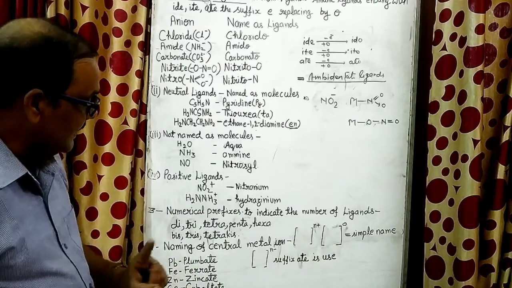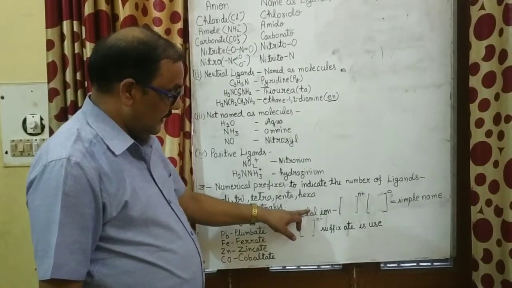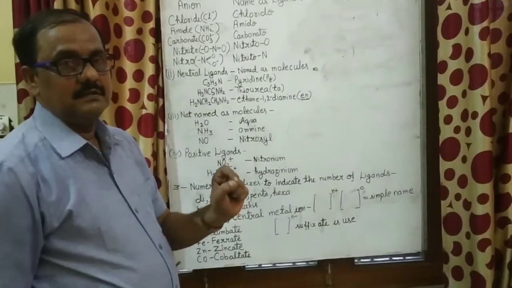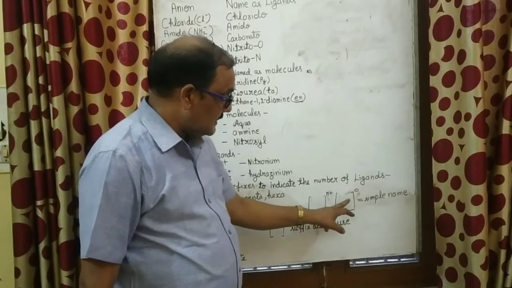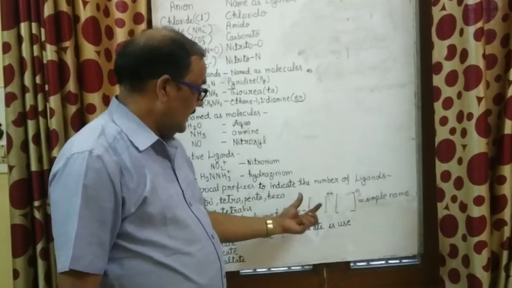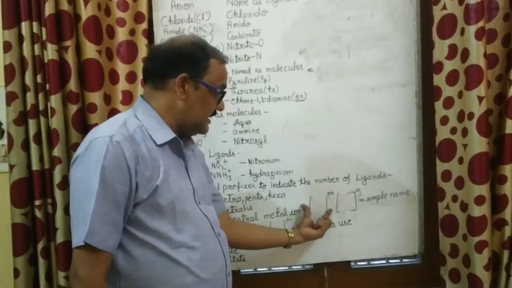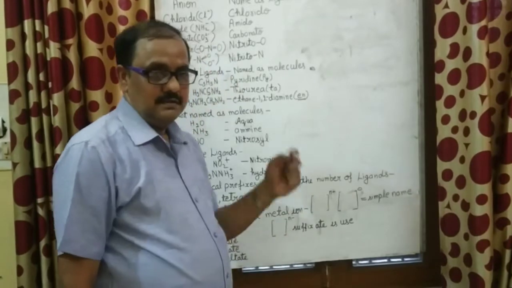Clear? And the next step is the naming of the center metal ion. You must first of all decide the type of coordination entity. It means either it is a positively charged coordination entity, neutral, or negatively charged.